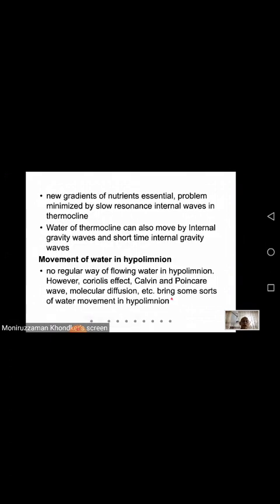New gradients of nutrients are created by slow movement in the internal thermocline. Sometimes the new gradients are important because if phytoplankton starts photosynthesis at a place, then after a certain time the uptake concentration will be equal to the concentration present in the water, and if that equilibrium occurs, then there will be no uptake process.